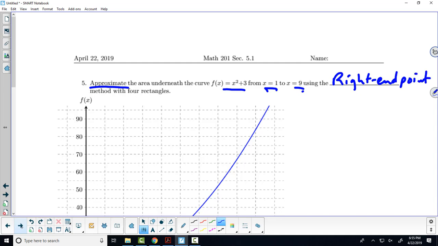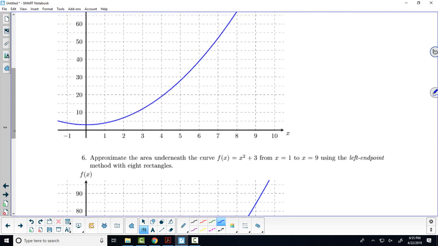So I want you now, hopefully with somebody sitting next to you, to give this a shot. You're going to mimic everything except for your rectangles. In fact, I'll help you out. Let's draw this first rectangle here. My first rectangle will be this rectangle right here.